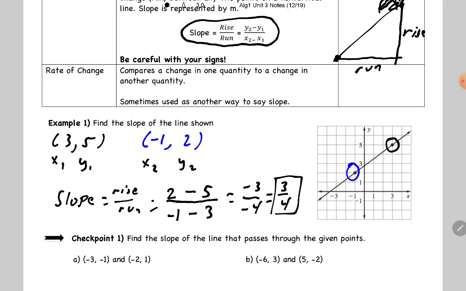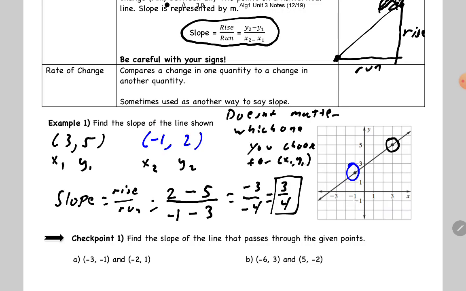Okay. So you might ask, well, which point do you choose first? Why did you make the black one first and the blue one second? It doesn't matter which one you choose for x1, y1 and x2, y2, as long as you don't mix them up.